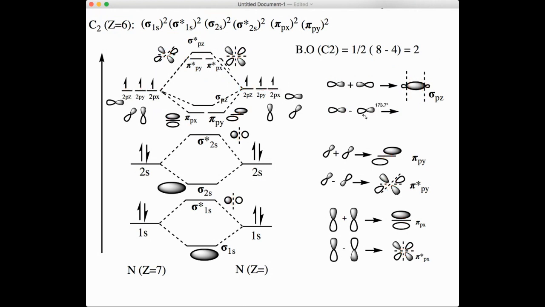And because of that, I'll have an area here of no electron density because these two will cancel out.